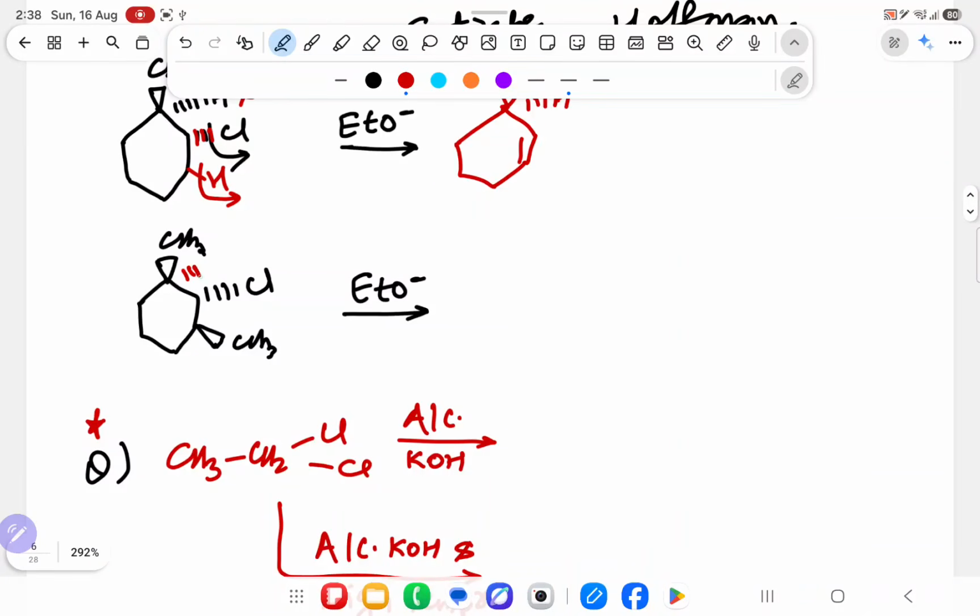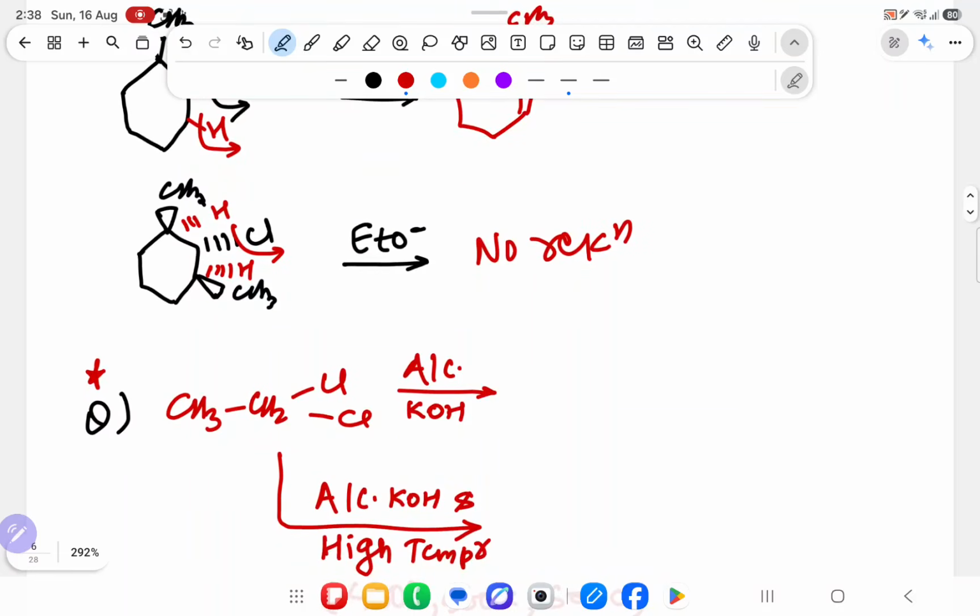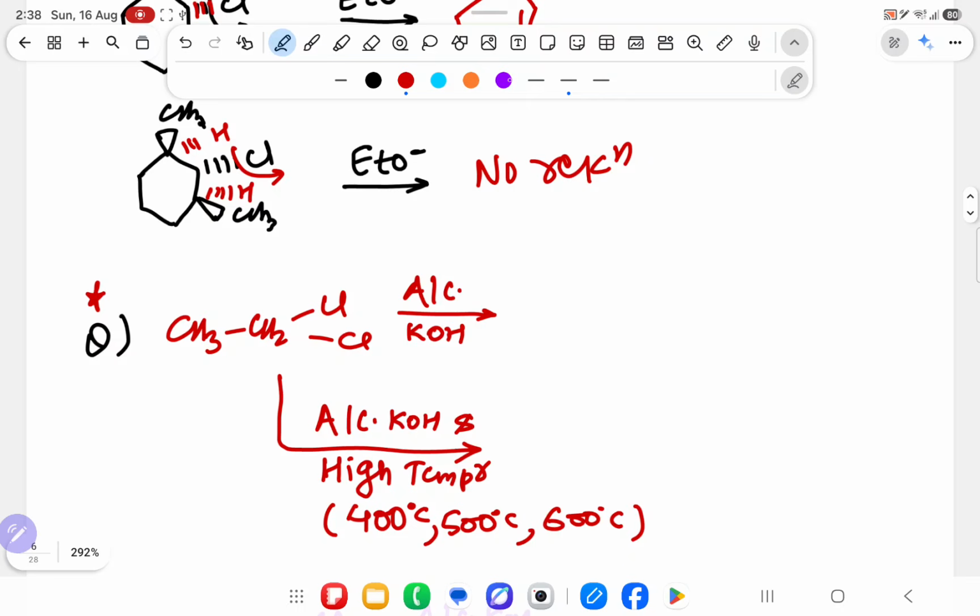Okay. Over here hydrogen is on dash, and Cl is going from dash. No reaction, because hydrogen has to be removed from anti. Cl is also going from dash, and on both sides hydrogen is not present. But CH3 on the base means hydrogen remains at another place, that is dash. Over here if only alcoholic KOH is given, any one Cl will go, and it will become CH2 double bond CH2Cl.